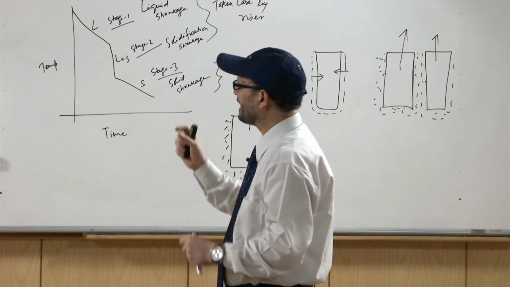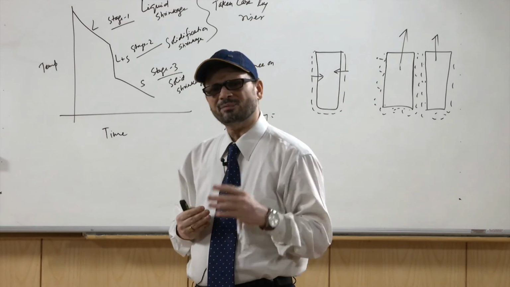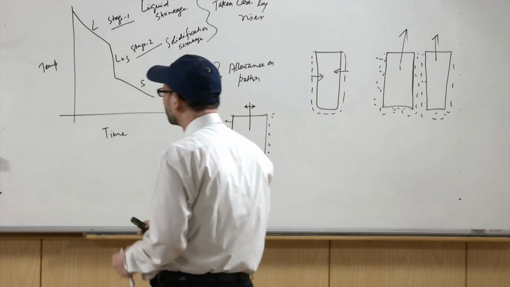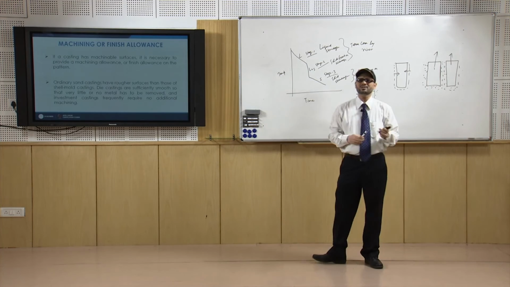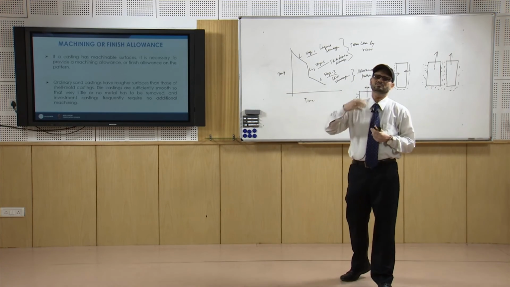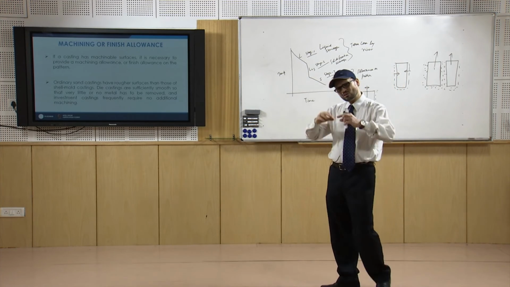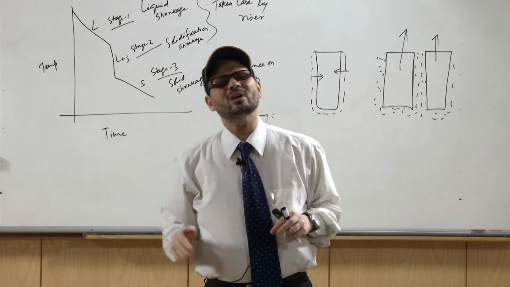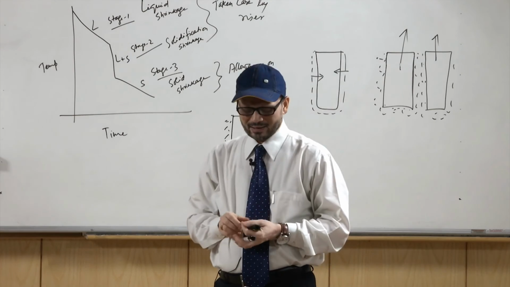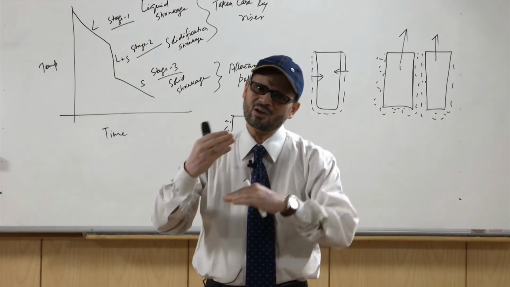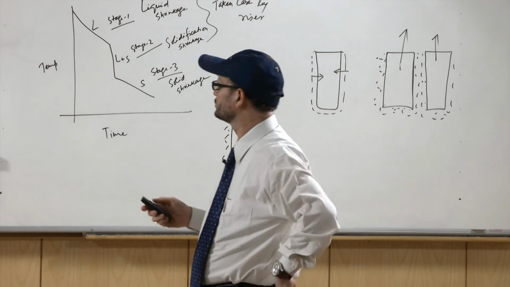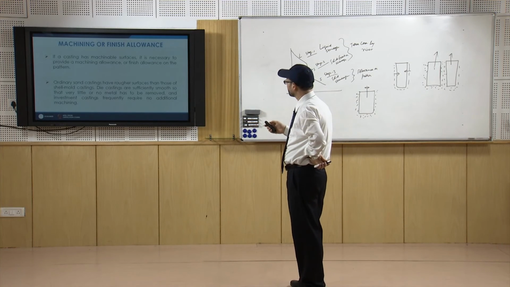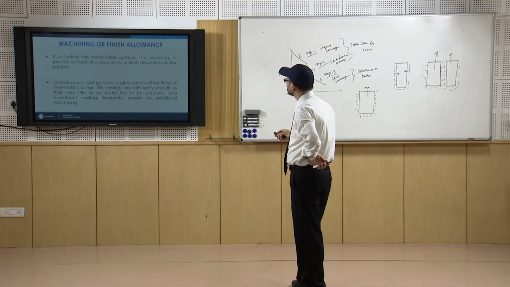For that you will have to finish the surface, and finishing is nothing but removing the extra material from the cast material. So basically you have to oversize the material so that you can remove some extra material, and giving this extra allowance is known as machining allowance. So, you have to provide a finish allowance.